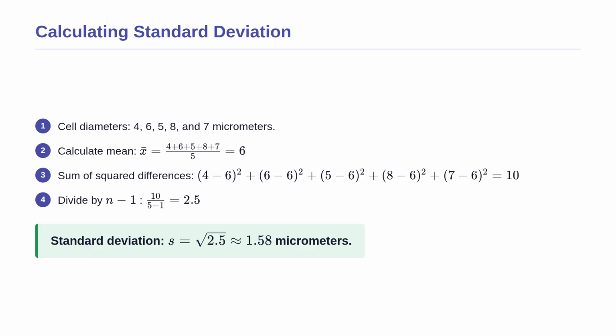Next, we subtract the mean from each diameter and square the result, which gives us a total sum of squared differences equal to 10. We divide this by n minus 1, which is 4, giving a variance of 2.5. Finally, taking the square root gives our answer. This means the cell sizes bounce around the average by about 1.58 micrometers.